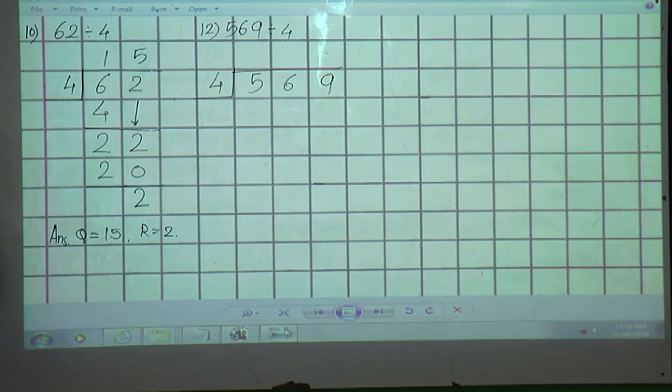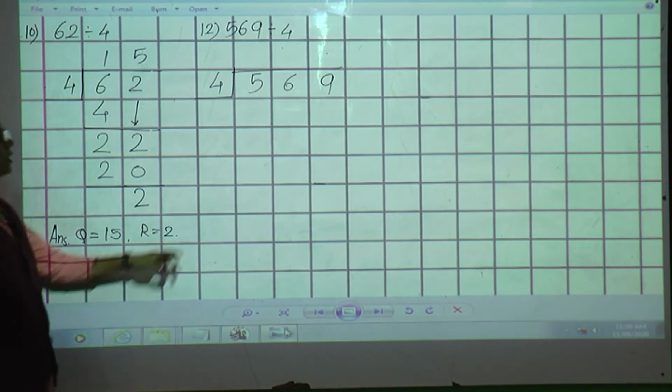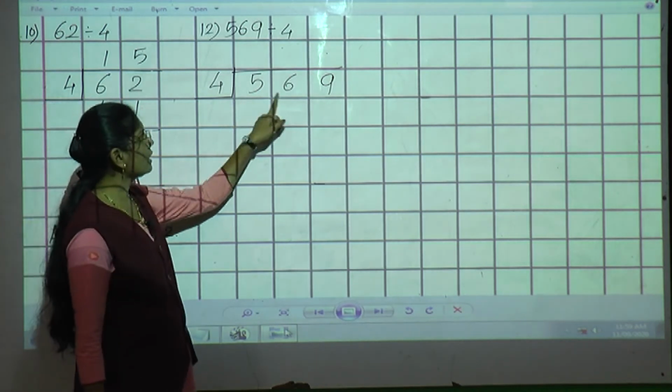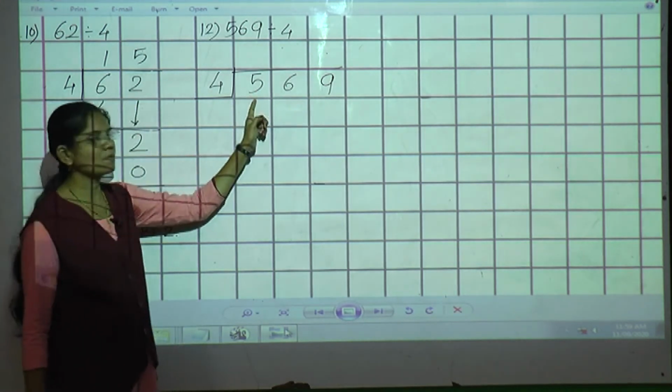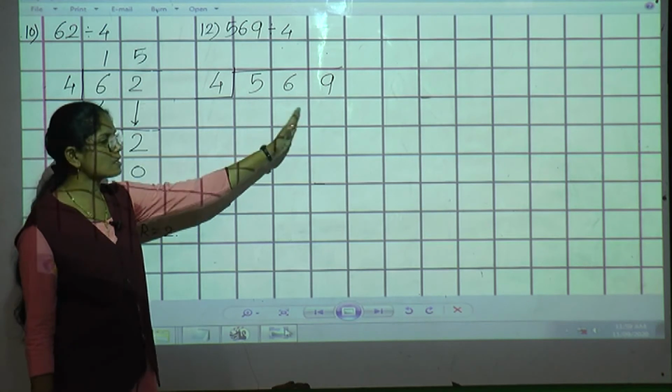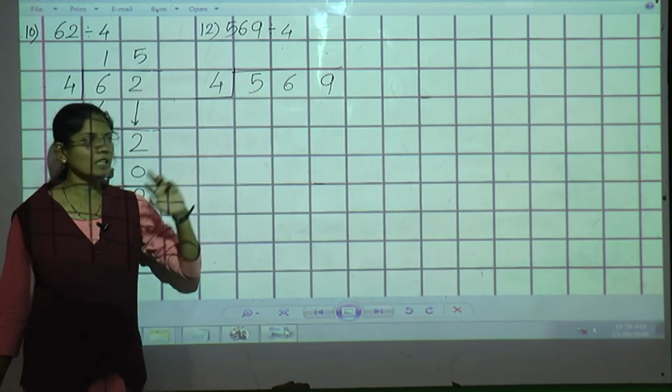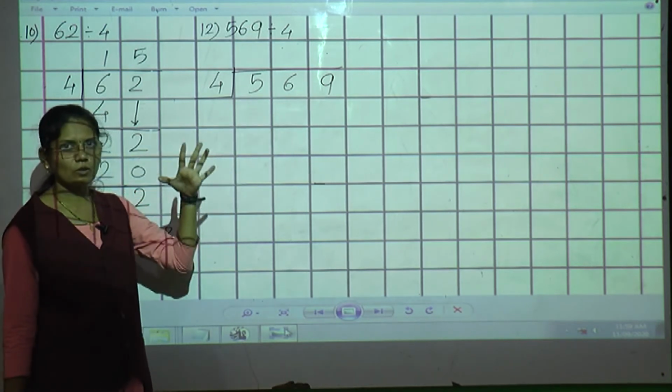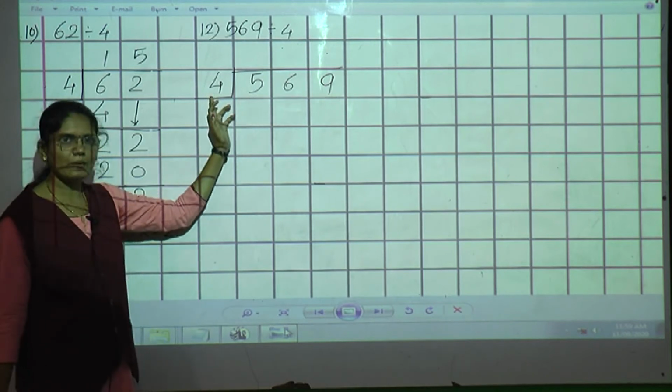Now see students, 569 is a 3-digit number. So first we will divide the hundreds. This is hundreds, tens and ones. Now in this example, how many hundreds can you see? There are 5 hundreds. So 5 divided by 4.